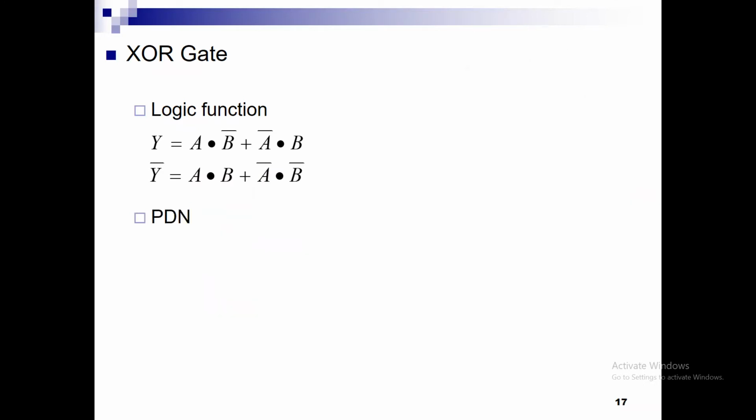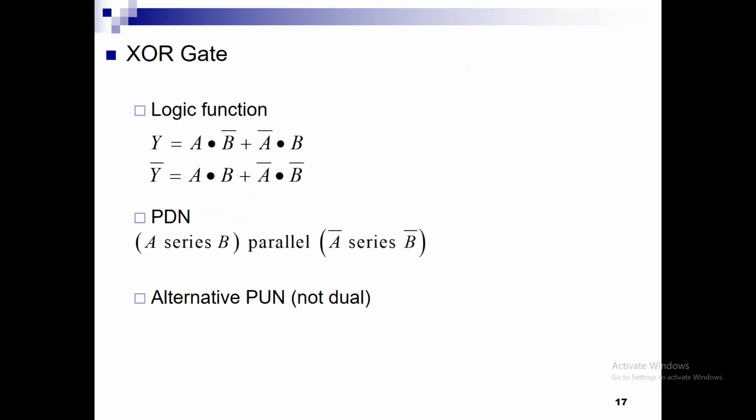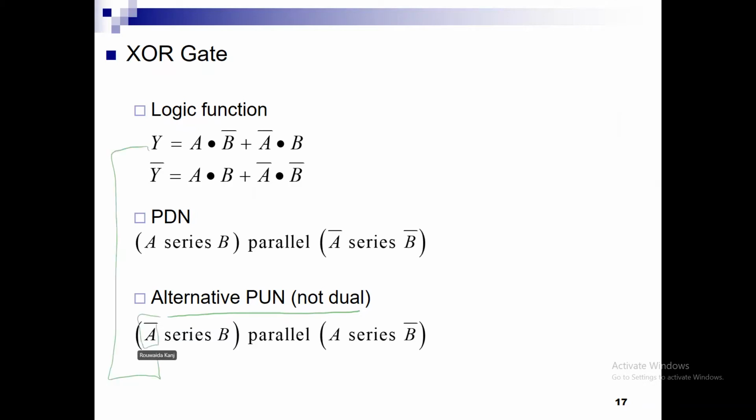Let us now see, here he's implementing the alternative, the not a dual. He has the inputs flipped, so A bar is flipped. But he maintains the same relations that he has here in the equation.